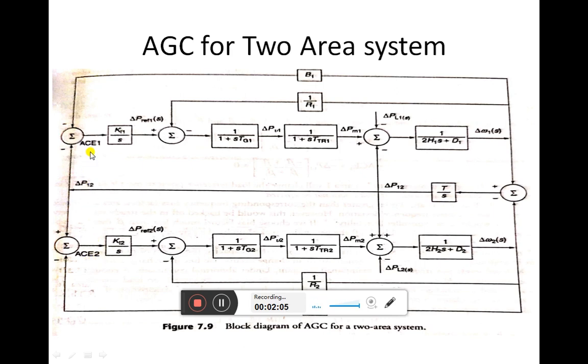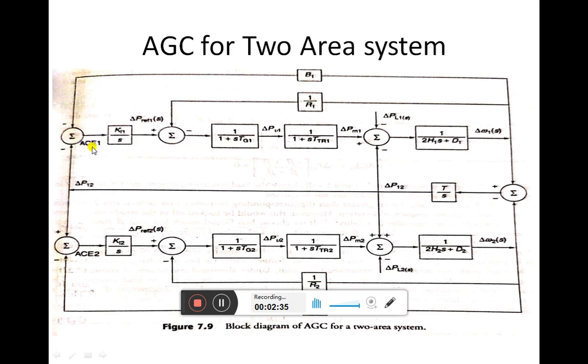ACE stands here for area control error, and this area control error is nothing but one of the feedback parameters calculated from the feedback here. So in area 1, whatever deviation in the frequency and deviation in the voltage magnitude is taking place, that is added together and supplied as the area control error for the first area, and it is given here in the feedback loop.